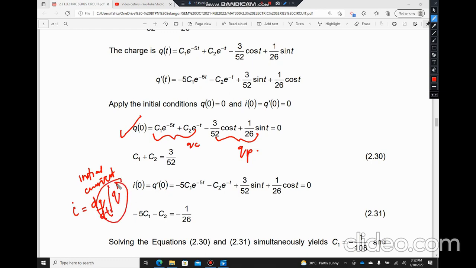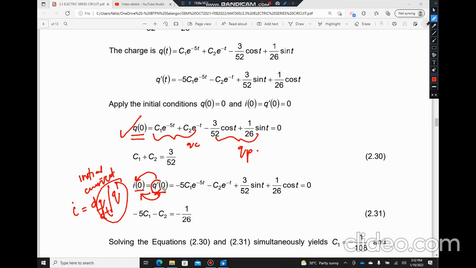Samalah dua ni. Since kita dah ada Q, so kita boleh gantikan I dengan Q prime, sebab dia mewakili nilai yang sama. Cuma yang ni dalam bentuk current, yang ni dalam bentuk charge. Tapi make sure charge ni dia kena differentiate, baru dia sama dengan current. So since kita tak ada equation untuk current, I0 kita gantikan dengan Q prime 0.